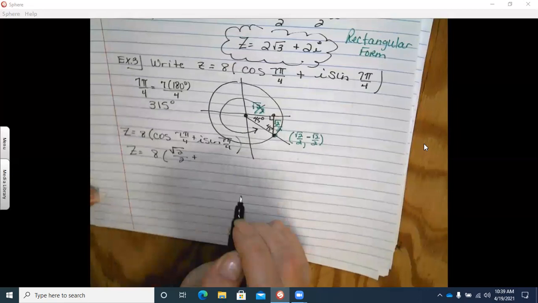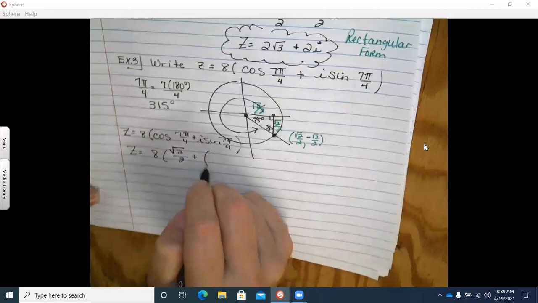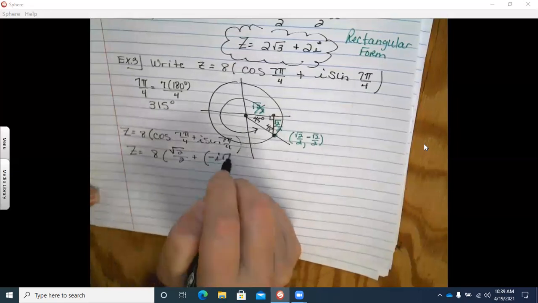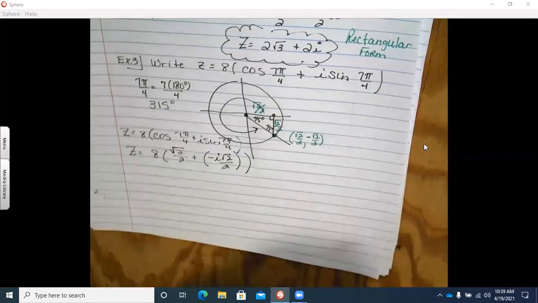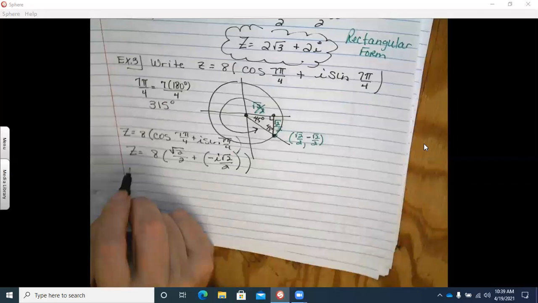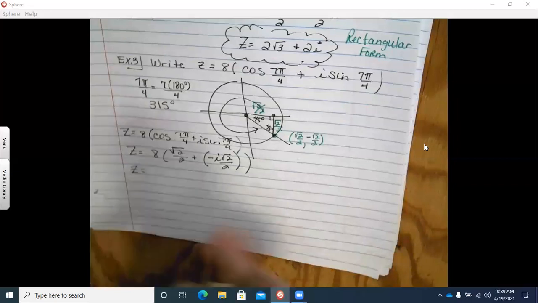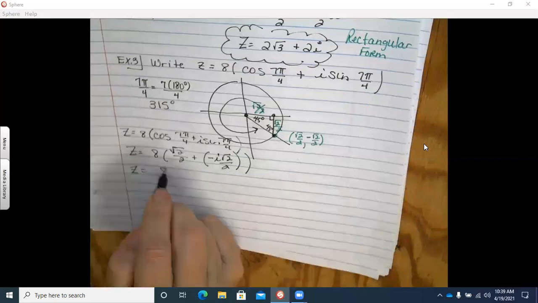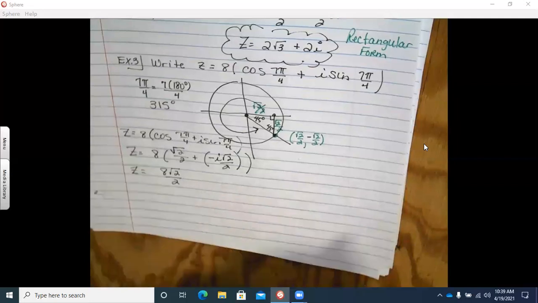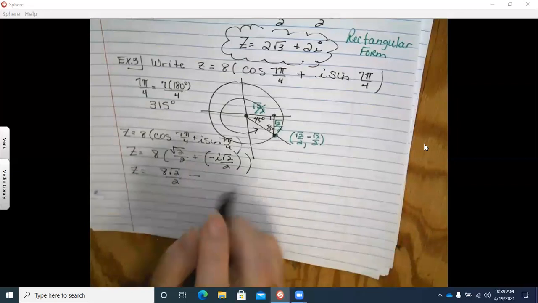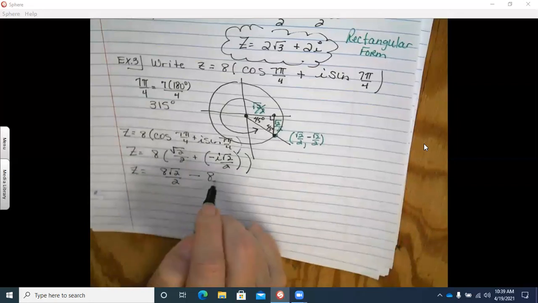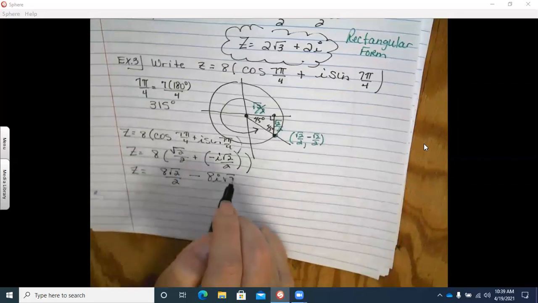So I'm going to say minus i square root of 2 over 2. And then obviously I'm going to have to clean this up. So you can reduce as you go, or I'm going to just rewrite it. 8 times square root of 2 over 2 is 8 square root of 2 over 2, and then I'll come back and reduce it. I know this, a positive times a negative is going to be a negative. So negative 8i square root of 2 over 2.